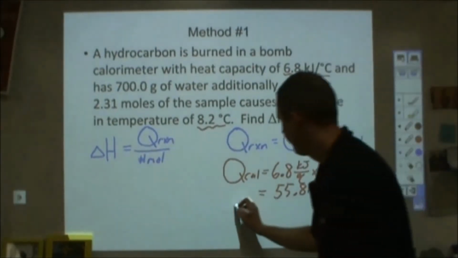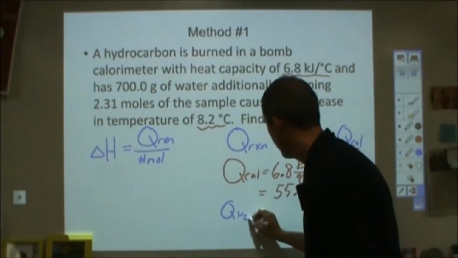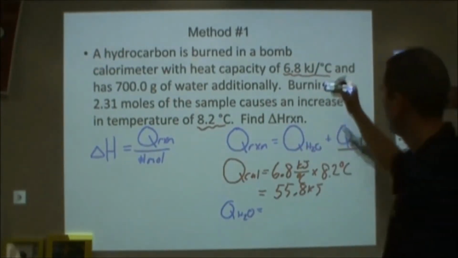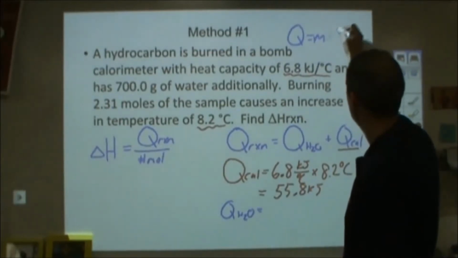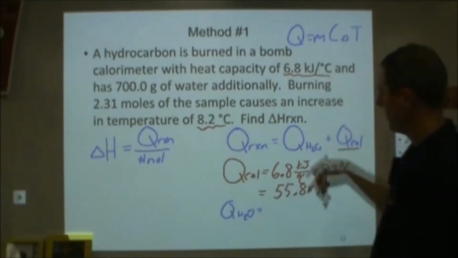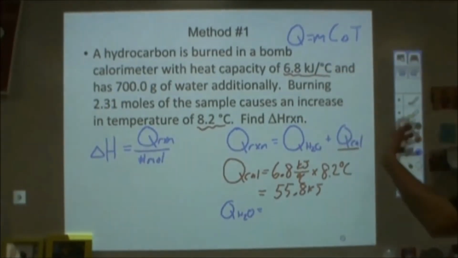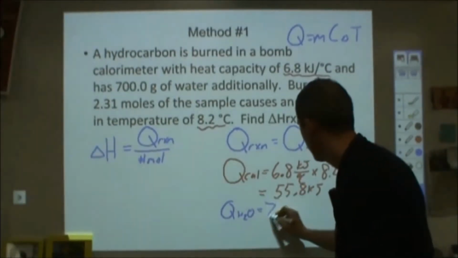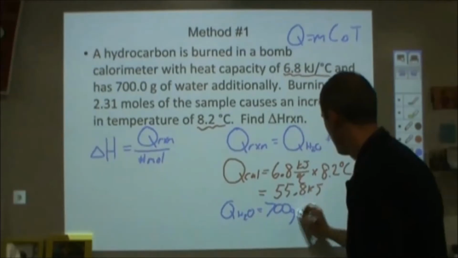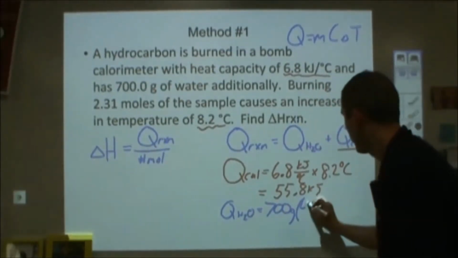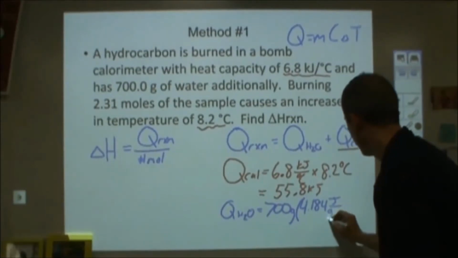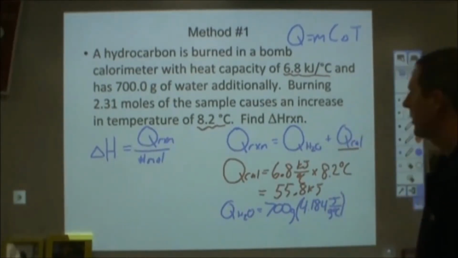For the water, and this is a problem that you're probably more likely to see. Here we're looking at what I call an MCAT calculation, where we're doing Q equals MC delta T, where C is our specific heat capacity. They're never going to tell you the specific heat of water, they're going to assume you know it, but they do give us the mass here as 700 grams. The specific heat capacity of water is 4.18 or 4.184, depending where you are, maybe 4.186, depending on what your pressure is.